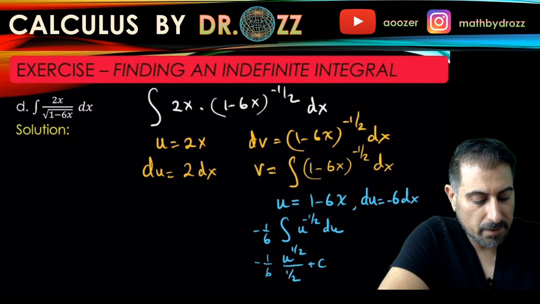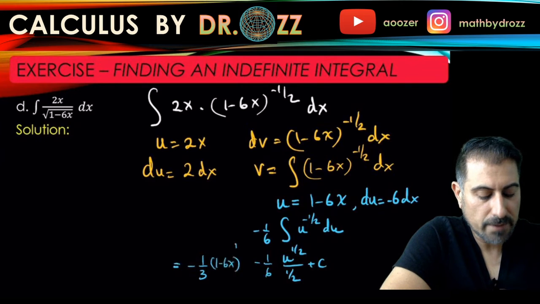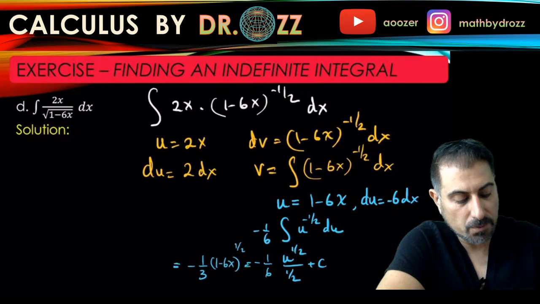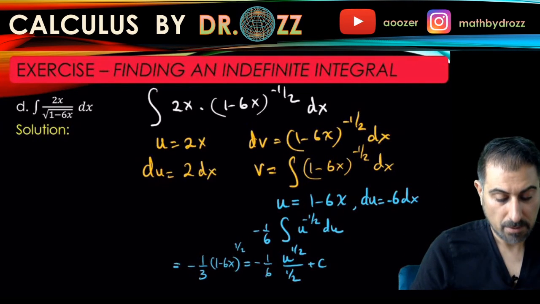So I'm going to continue writing here: I have 2 flipped over, negative 1/3, and u is 1 minus 6x, to the power of 1/2. So this takes care of finding v here.